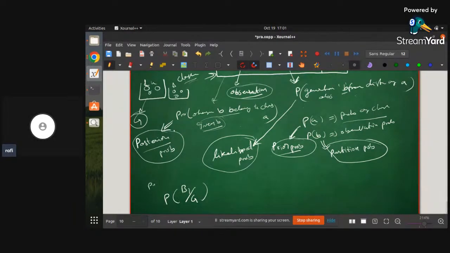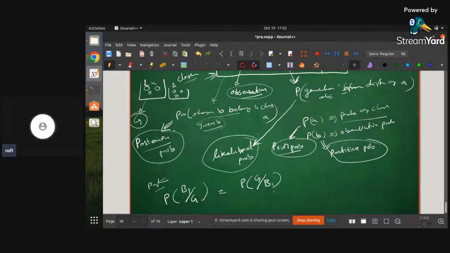This is called posterior. So the green ball is already drawn, but what is the probability? It can be from B1 or B2. You need to know the probability of B1. So how do you compute this? From this Bayes rule, first you need to know the probability of getting a green ball from box 1.